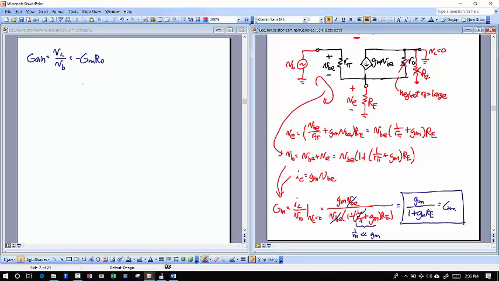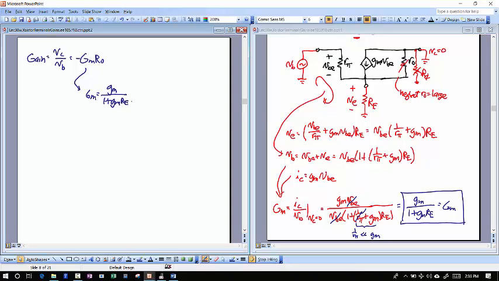From my gain equation, the other thing I have to remember, and this is an easy equation to remember, is that the gain is always minus a GM times a resistance. But now it's a capital GM, and that capital GM in this case, you just have to remember, is GM over 1 plus GM times RE.